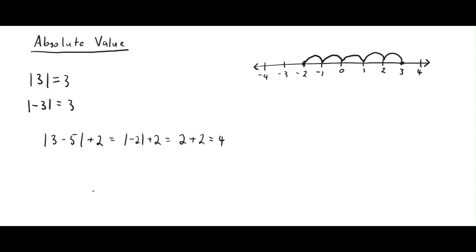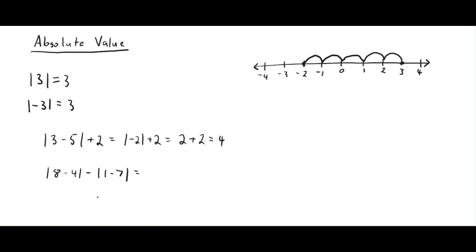Let's try another one just to do one more example. So if I have, let's say, the absolute value of 8 minus 4, subtract the absolute value of 1 minus 7. All right, let's see what happens here. I got two brackets.